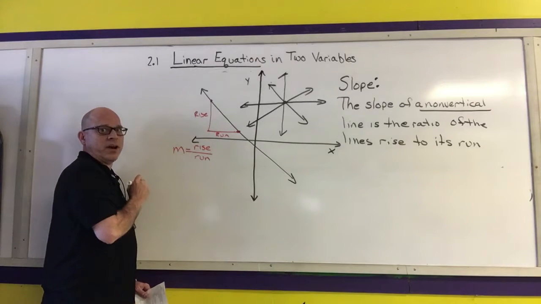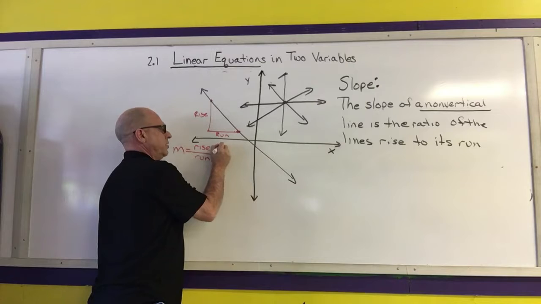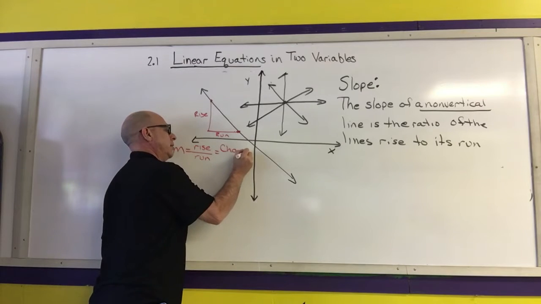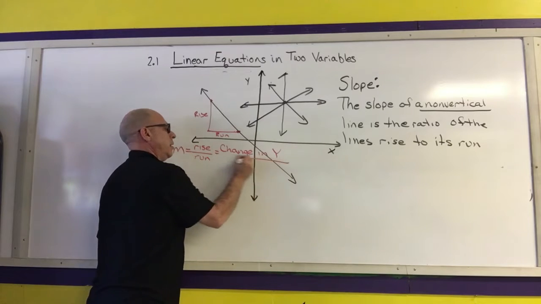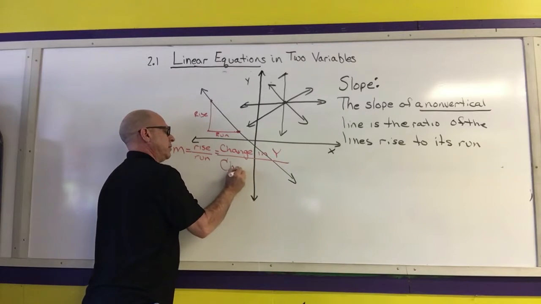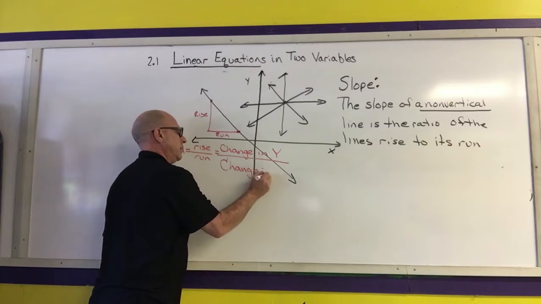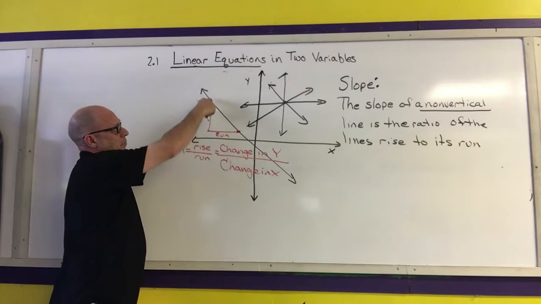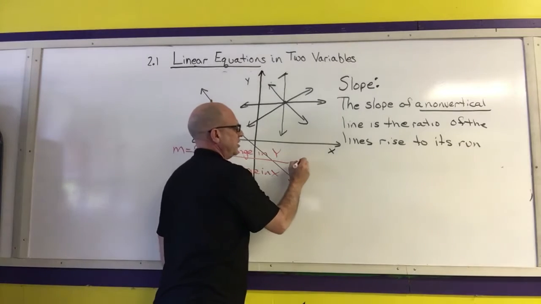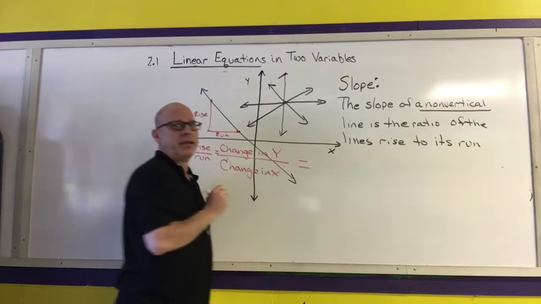Another way to think about the rise over the run is the change in y over the change in x. So if I want to find out how much a number changes, I just subtract one value from the other.